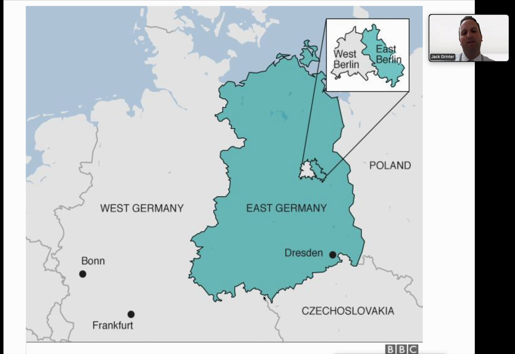It was easy for the East German authorities to close this border that went from East to West Germany over here. However, the issue they had was that people could just take a bus or a tram or a train, or even just walk over from East Berlin into West Berlin. They could either live there, or they could fly out into West Germany, the main part of West Germany.